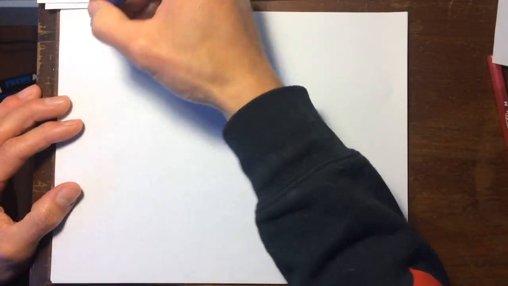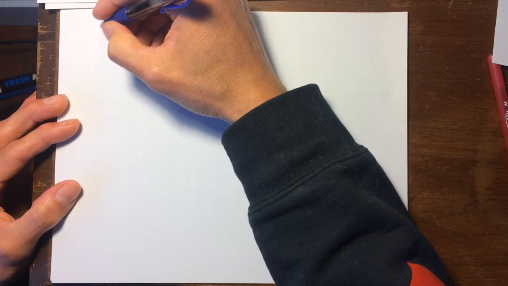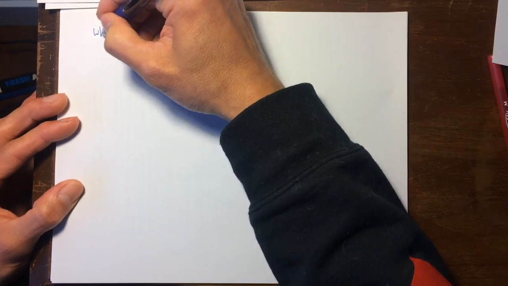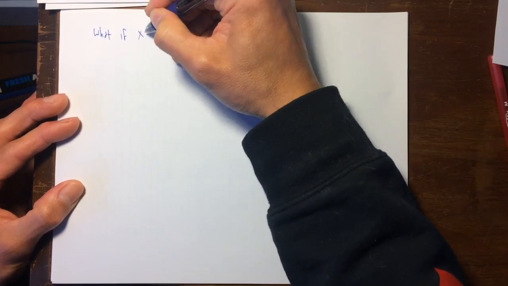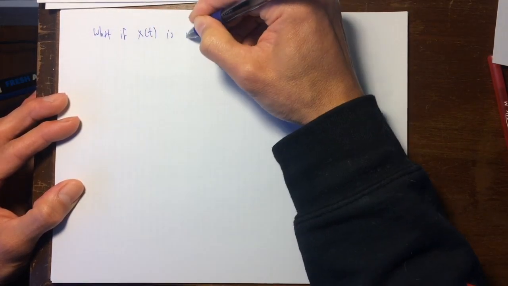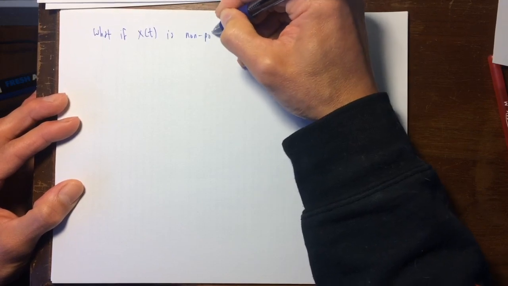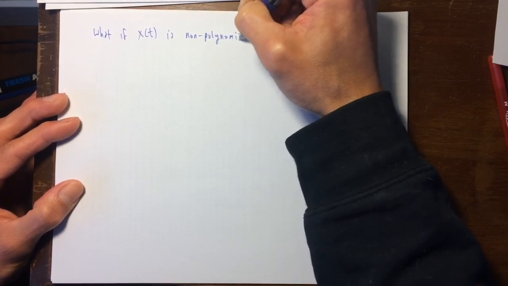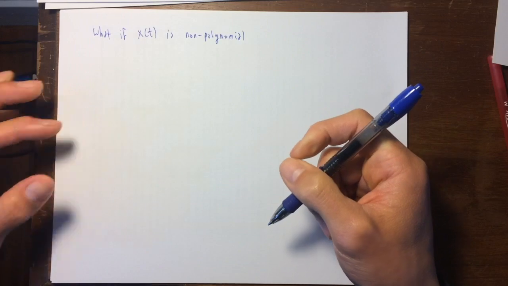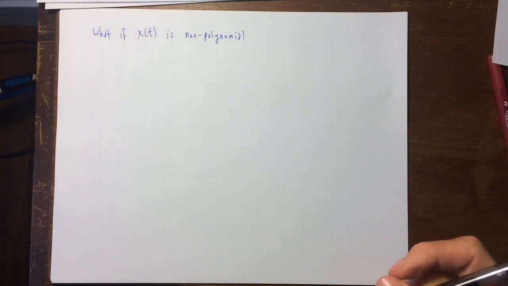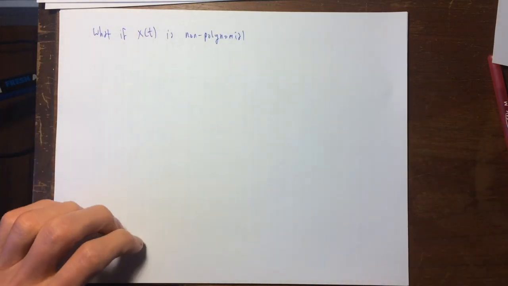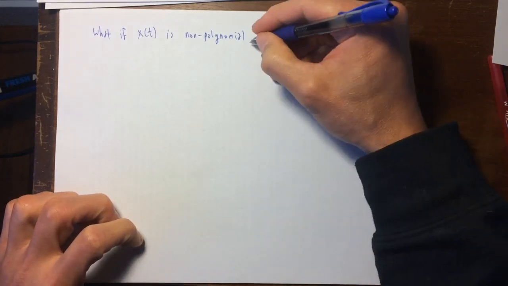But what if, so these are all so-called polynomials. What if x of t is non-polynomial? So it's not written down as like a t squared plus a t cubed even, or a t to the 5th. So it's non-polynomial.